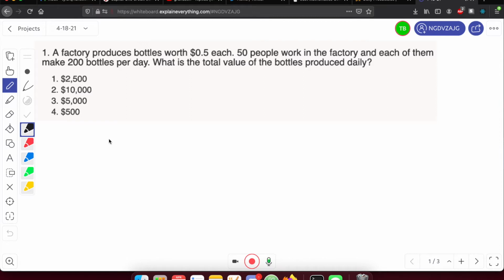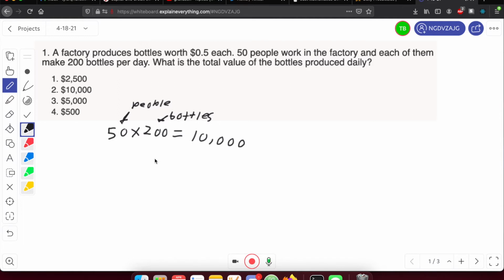So we know that 50 people work in the factory, and each of them produces 200 bottles daily. So this is equivalent to, this is people, right? And this right here is bottles. So this means that each day, the total number of bottles produced by all the workers in the factory is 10,000.